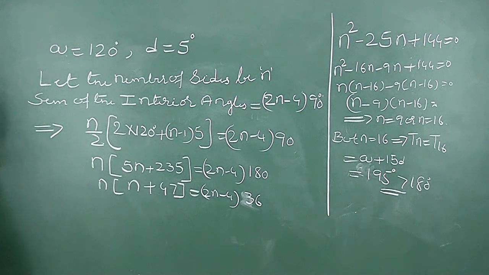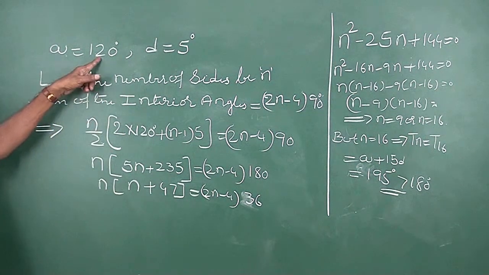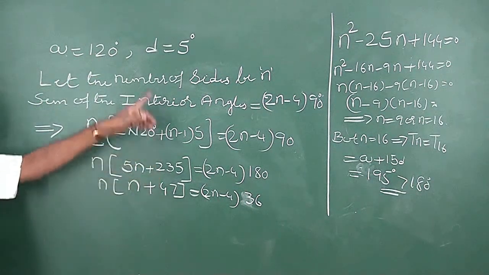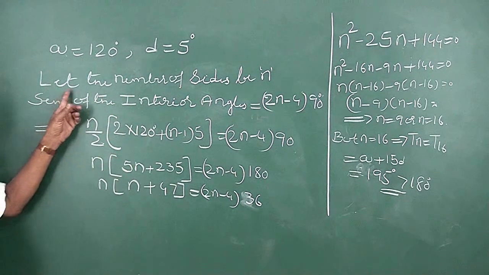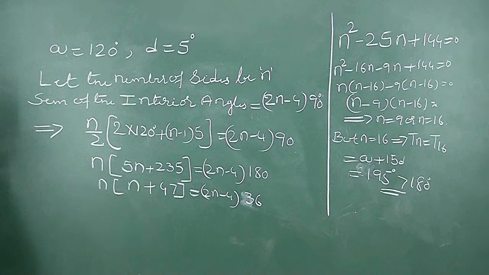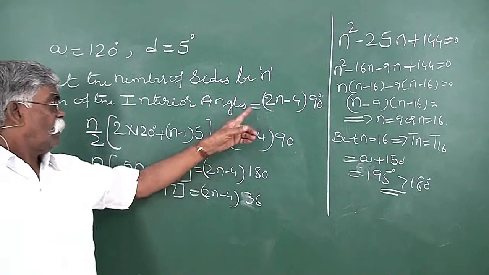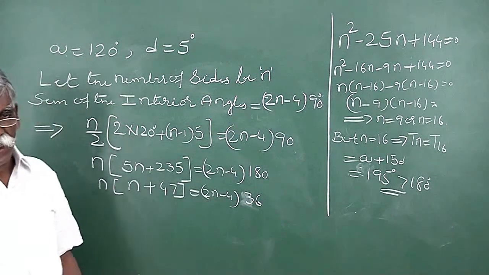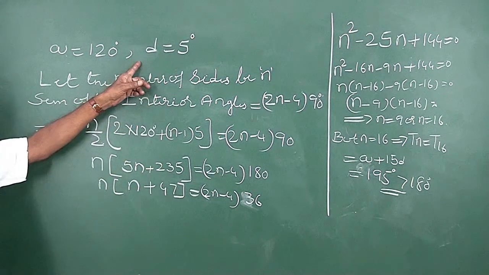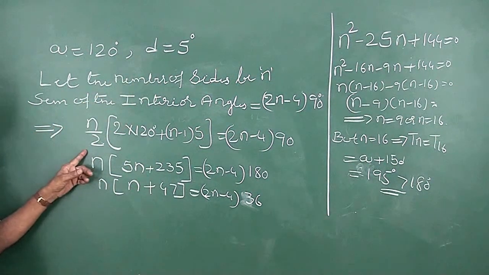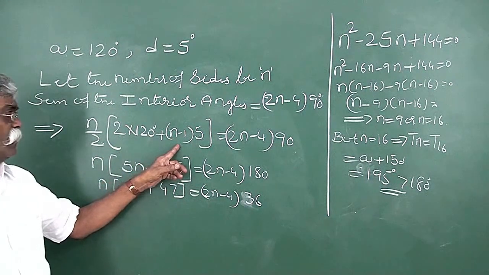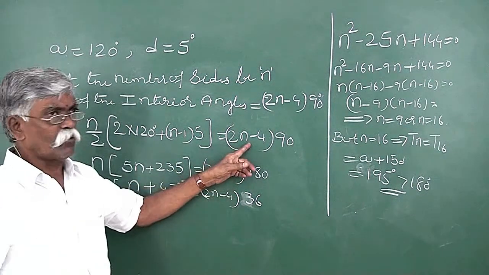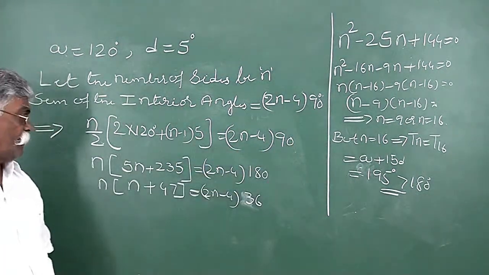So the lowest angle of the polygon is given as 120 degrees, the angles are in AP, and the common difference is given as 5 degrees. We have taken the number of sides to be n, and hence the sum of the interior angles is equal to 2n minus 4 into 90 degrees, and according to the given information the sum is n by 2 into 2a, means 2 into 120, plus n minus 1 into d, means 5, and this is equal to 2n minus 4 into 90.